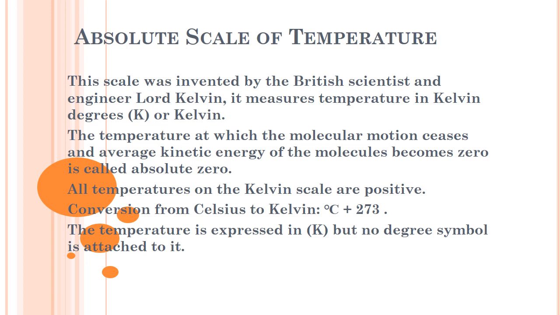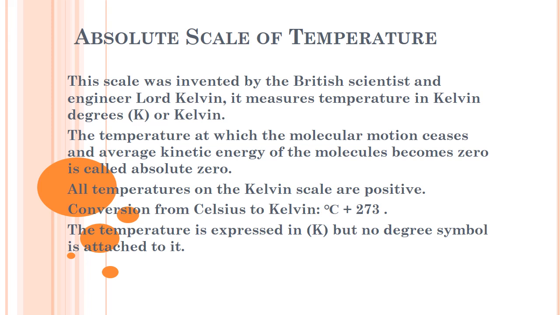In actual practice, before the temperature of minus 273 degrees Celsius is reached, a gas liquefies and is no longer a gas but a liquid. The temperature at which the volume of a gas would theoretically be reduced to zero gives the lowest possible temperature that can be reached and is called absolute zero.